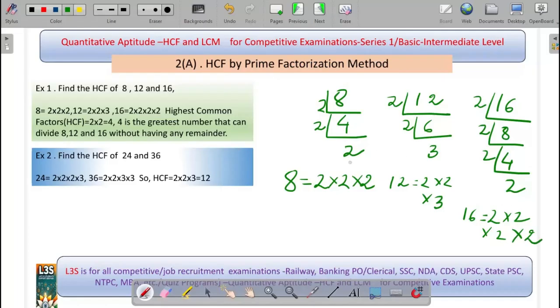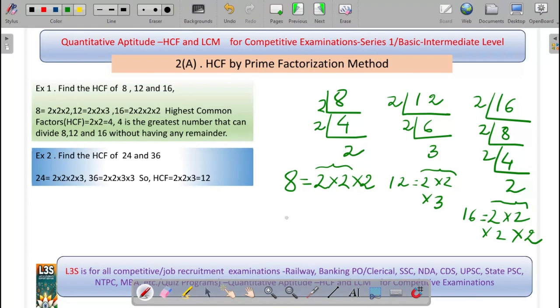Now which are the common factors here? How many 2s are there? Here 3, here 2, here 4. So the number 2 will be common here. Then here is 3, but 3 is not in 8. So only 2 into 2, that is 4, is common in all the numbers.